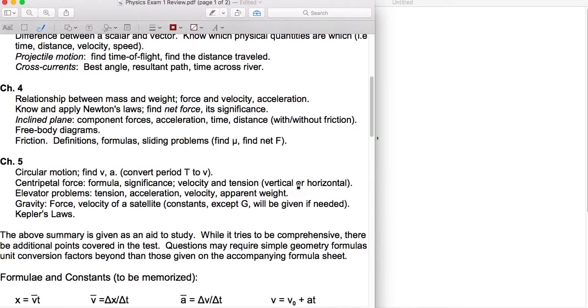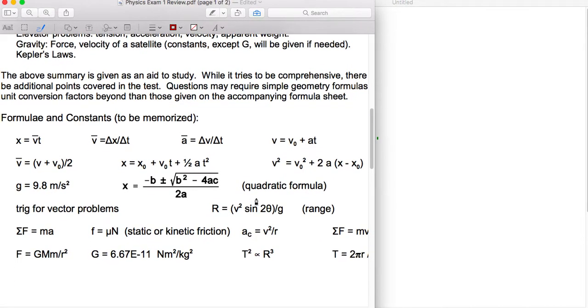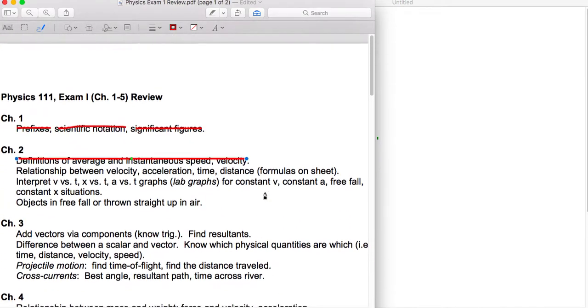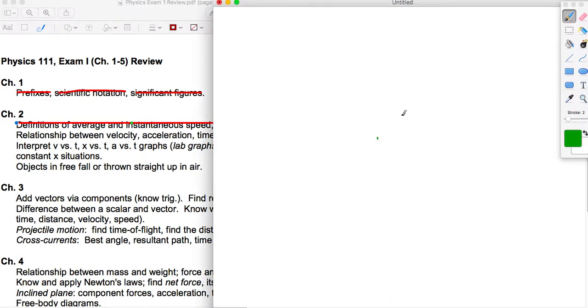For this one, I'll be attaching the document in the description of the video, but these are just the kinematic formulas from the kinematic videos. So just to recap really quickly, x equals x naught plus v naught t plus 1 over 2 a t squared. v equals v naught plus a t.